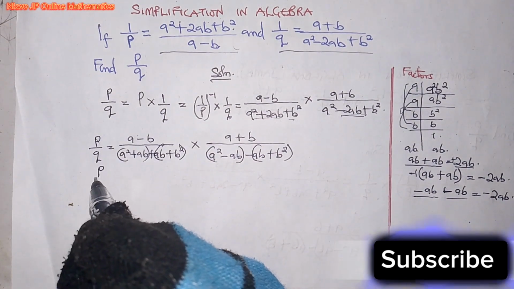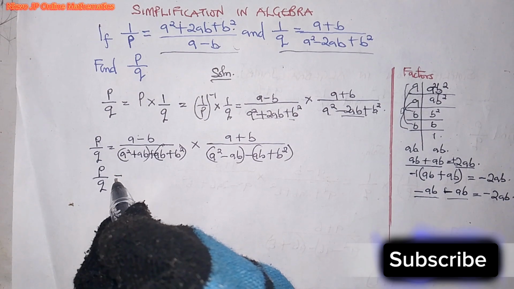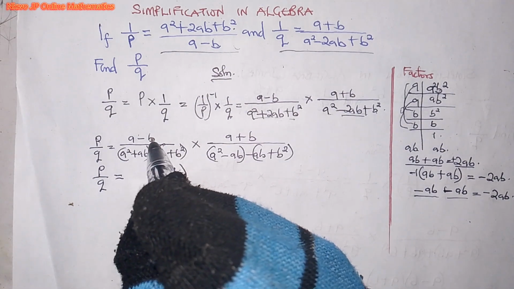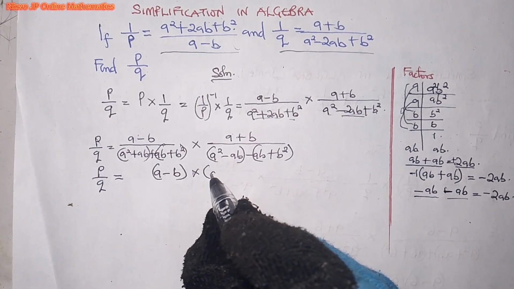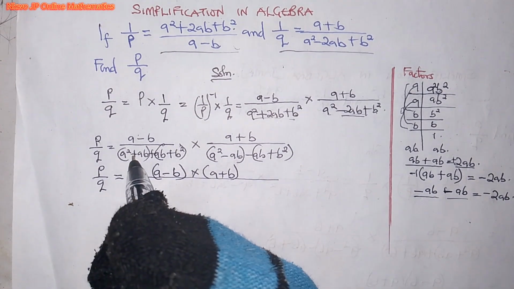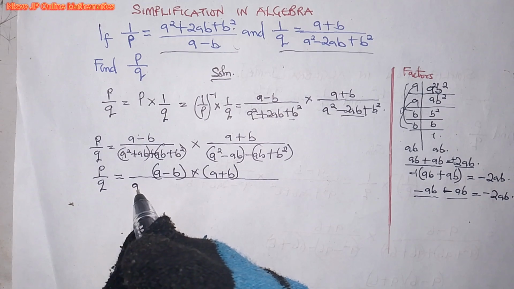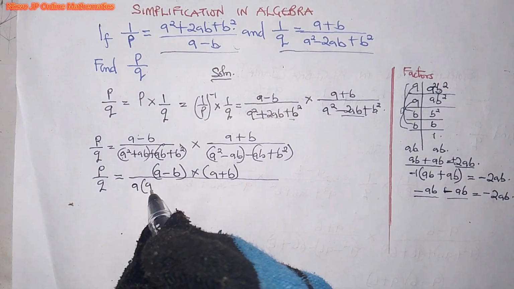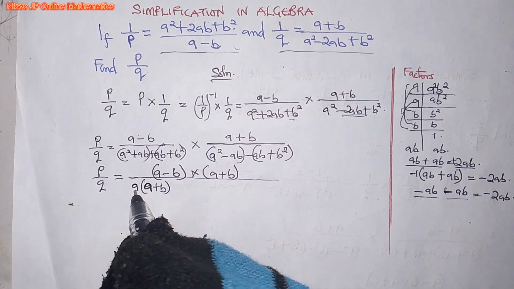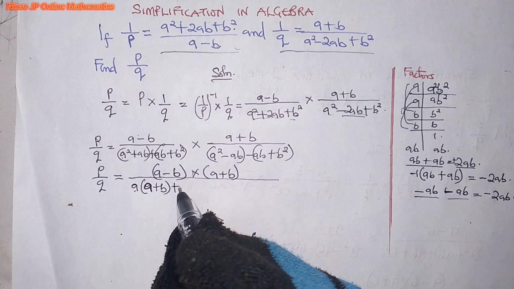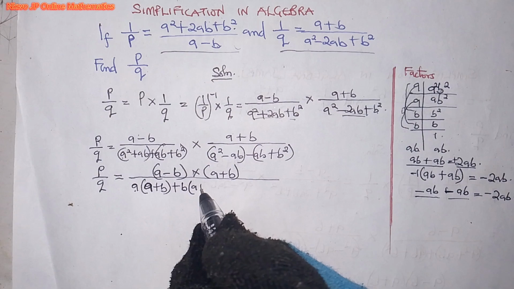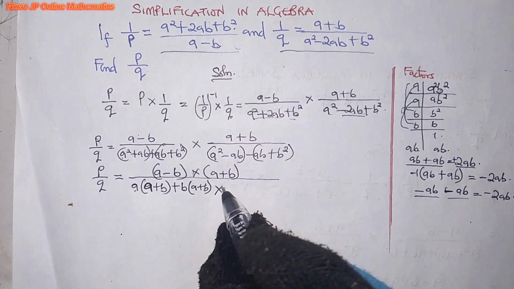We are now going to have p over q equal to a minus b, the numerators, multiplied by a plus b, all divided by, we now have that a into a plus b after taking the common factor, and the common factor in this first bracket here is a. We bring down the sign there, which is addition, so the next factor that is common there is b, and if we bring out the common factor, we are having a plus b, which is multiplying this.